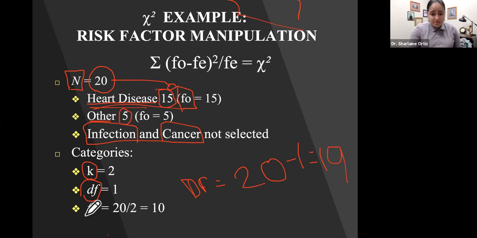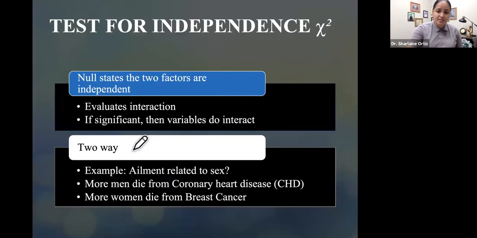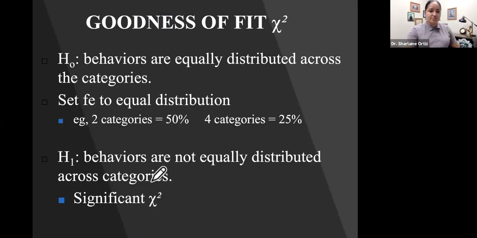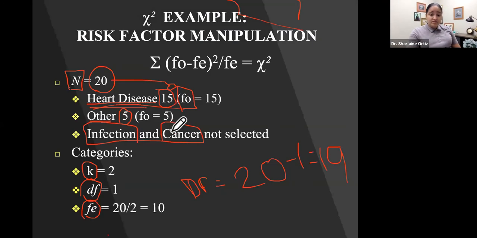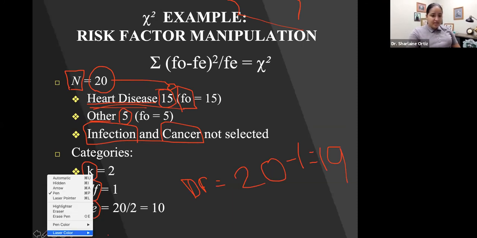Now, the frequency that I should have expected. If you remember, when we talked about the frequencies that we would expect, that distribution: if I have just 2 categories, I should expect about 50% of all my participants to be in each category.